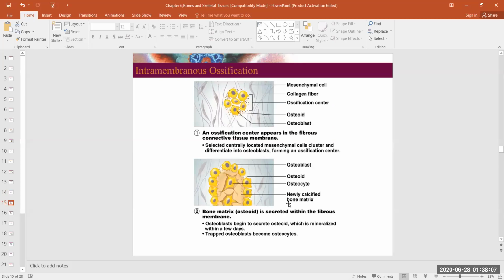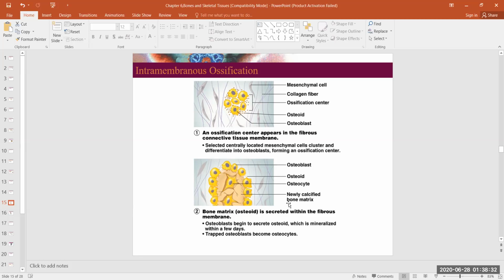Let's go through both of them. First, intramembranous ossification. Very few bones are formed by intramembranous ossification. Those bones are like your skull bones, flat bones, the ribs, and sternum. So as you heard earlier, intramembranous ossification starts from mesenchymal cells.